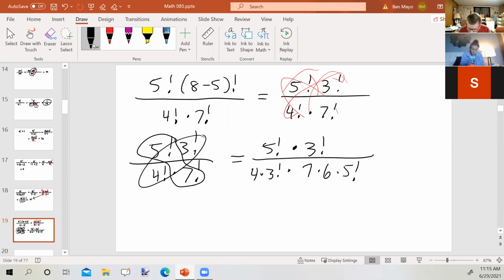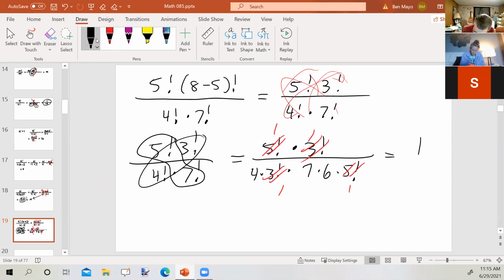Now, why did I do that? Because I looked at it and I thought, how can I take out the most amount of stuff all at once? And if I hadn't done it this way, I could still get it reduced down eventually one way or another. But this way, the 5 factorials reduce out and the 3 factorials reduce out.